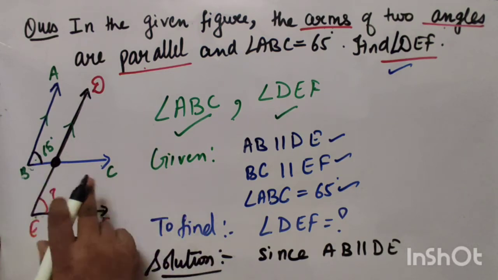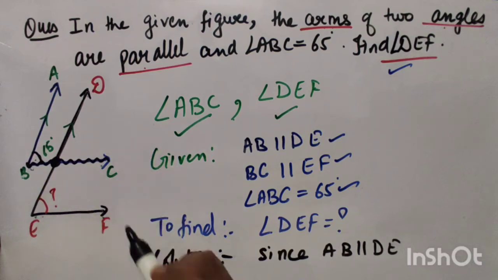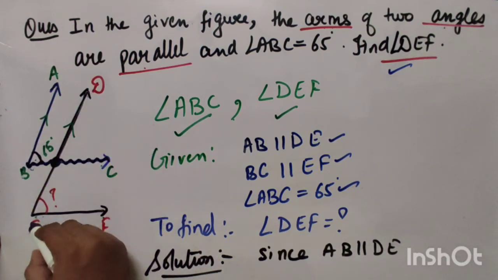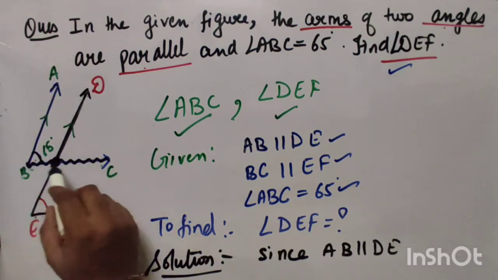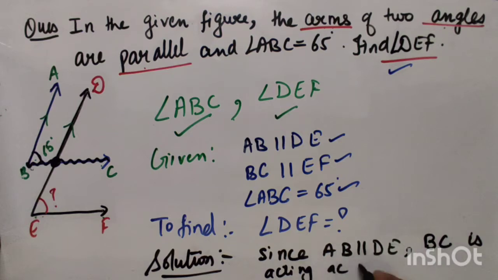This is the arm which is intersecting DE and AB at two different points, so it is acting as a transversal here. So we will write BC is acting as transversal.